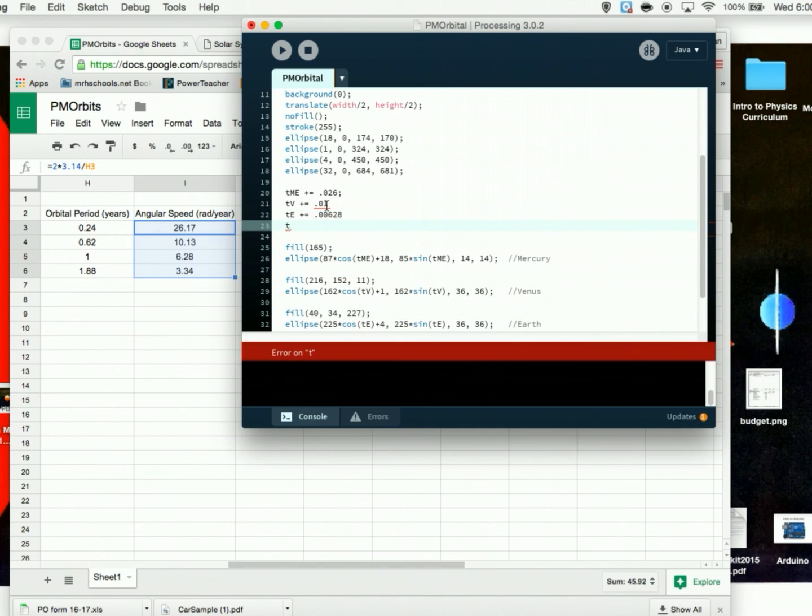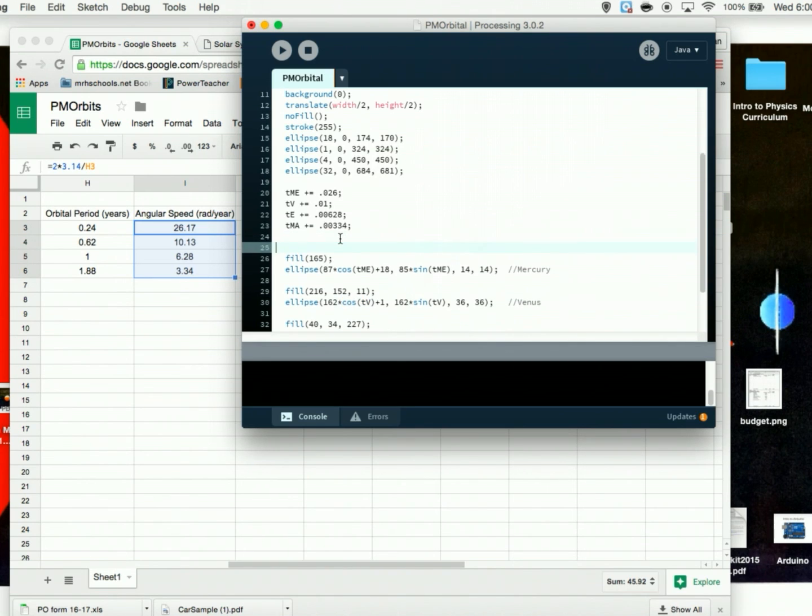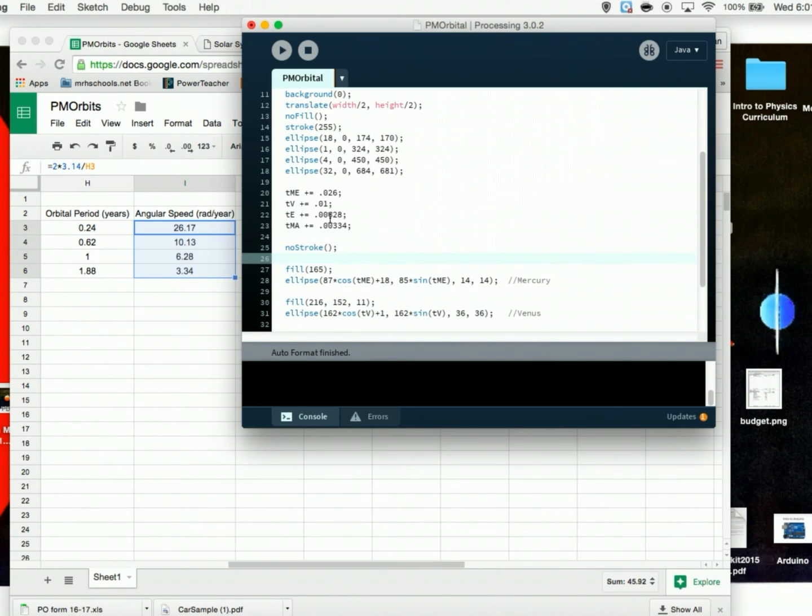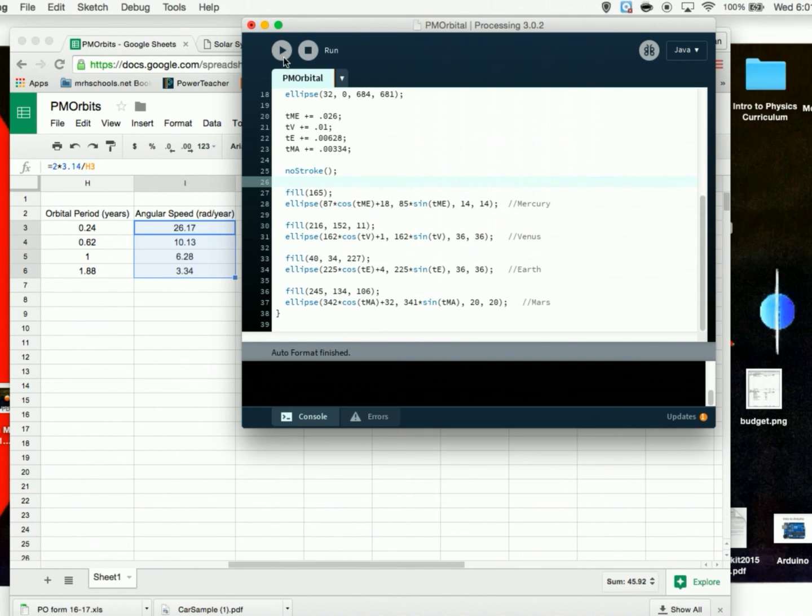And for Mars, we want to add 0.00334. There we go. Now these t variables will change as the program goes, and so that these will be updated and so on. And I'm going to add no stroke to our planets. That tends to look a little bit better. All right, let's try it again.